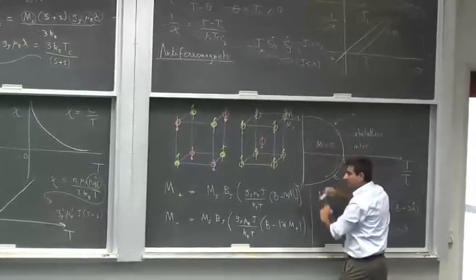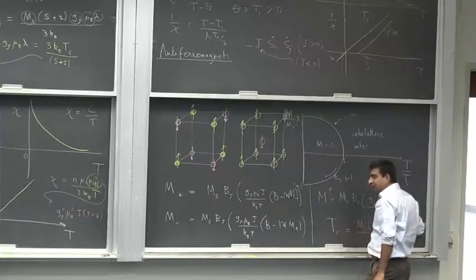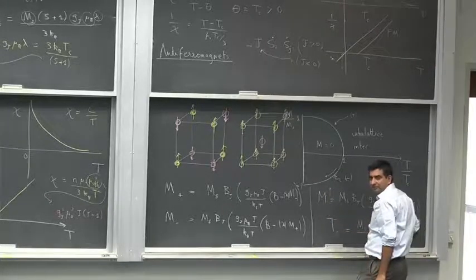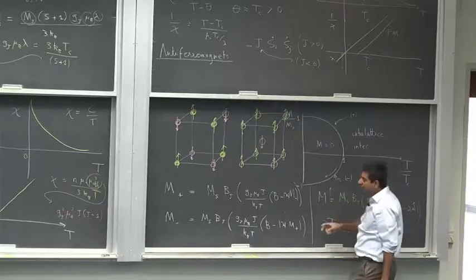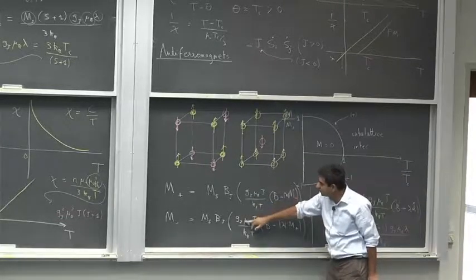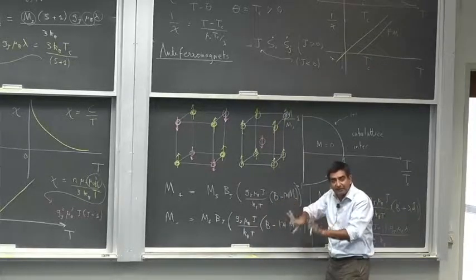This curve is for a perfect ferromagnet. So for each one of these subdomains, we can define a similar critical temperature. And the critical temperature for each subdomain is the same, because each one of them has the same value of Gj, J. Both domains are identical in that respect.